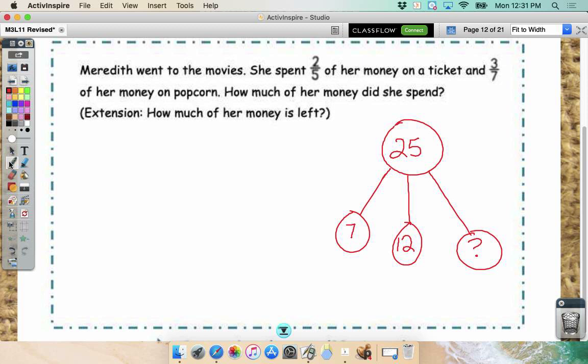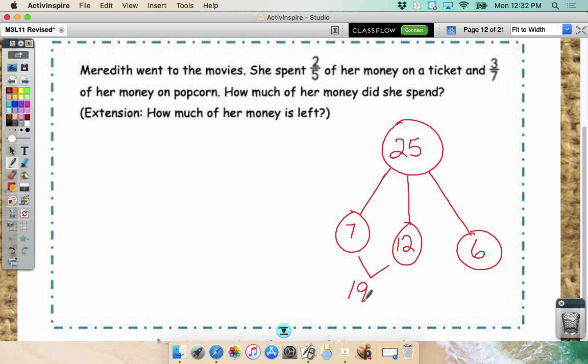Kyle, what's the answer? 6. 6, okay? So he's saying that if we would put 6 here, that would make 25. Correct? Yes. Okay? So how'd you do it, Kyle? What'd you do? I added those two, and then I subtracted that from 25.